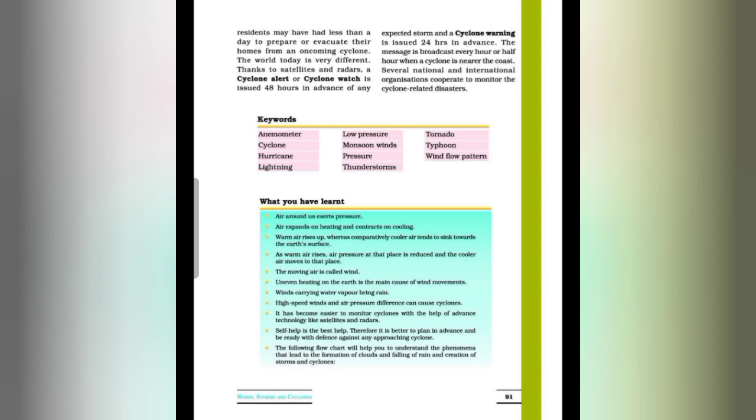The first stage warning, known as cyclone alert or cyclone watch, is issued 48 hours in advance of any expected storm or cyclone, and the second stage warning, known as cyclone warning, is issued 24 hours in advance, and this gives sufficient time to people to evacuate the cyclone prone area. So the message of cyclone warning is broadcast every hour or half an hour when a cyclone is near to the coast. So now several national and international organizations cooperate to monitor cyclone related disaster also.